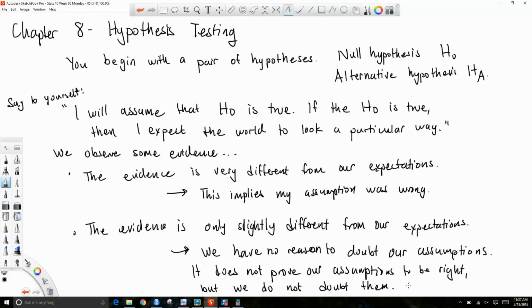So one thing you could look at is, does this person respond to my texts within a few minutes? And then you look at the evidence, and let's say you text someone, and that person takes a few days to respond, okay? Well then, in that case, the evidence was very different from what you were expecting, okay? And that would provide reason to believe that your assumption about how this person feels is wrong, okay?